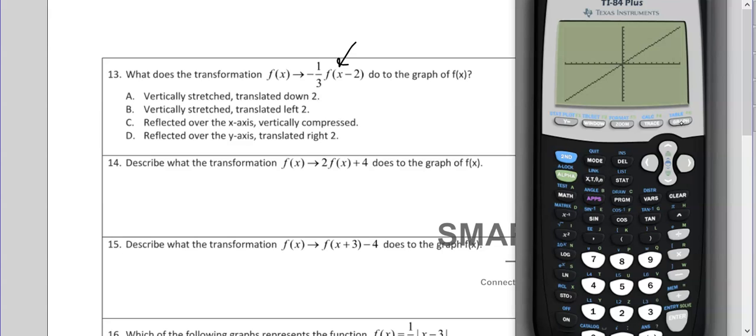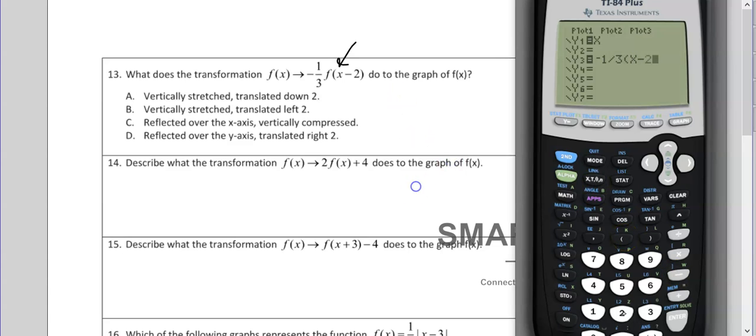Okay, so what we're going to do now is look at what happens if we had negative 1/3, parentheses, x minus 2.